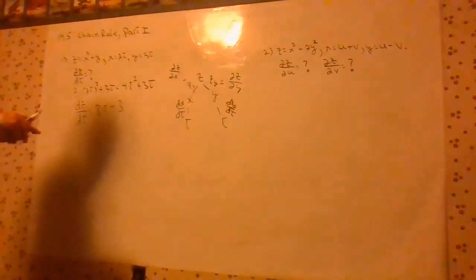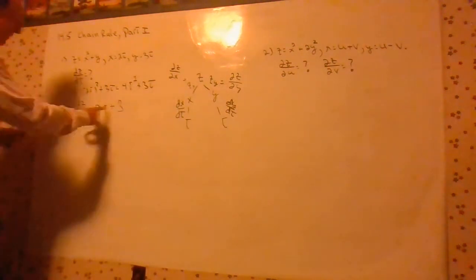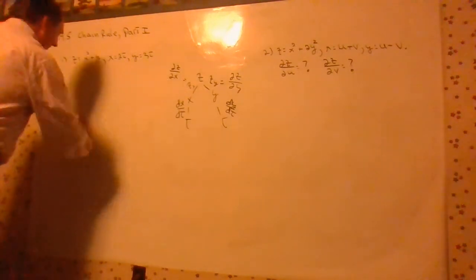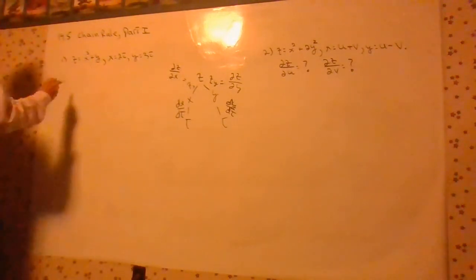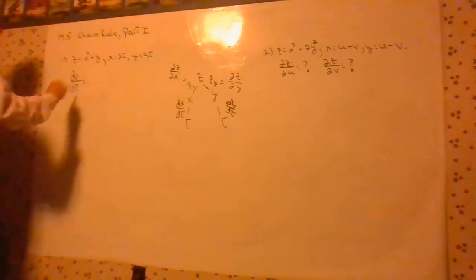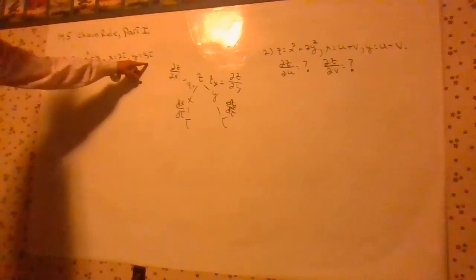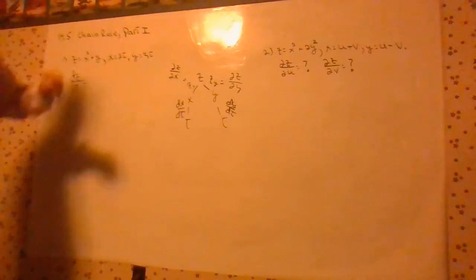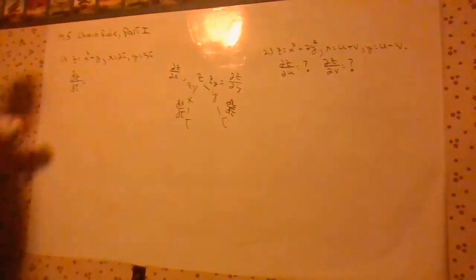So let's test out our theory. Keep in mind we should get an answer of 8t plus 3 in any event. And so we have dz/dt. If x and y were both functions of s and t, for instance, then this would be a partial derivative. But z is only a function of one variable, so we just call this a normal derivative, dz/dt.